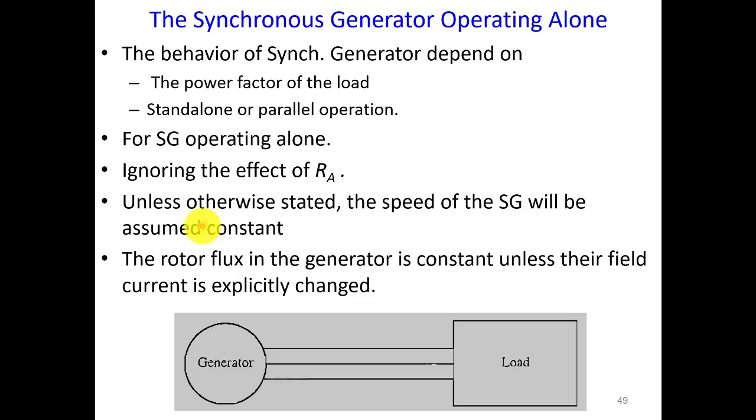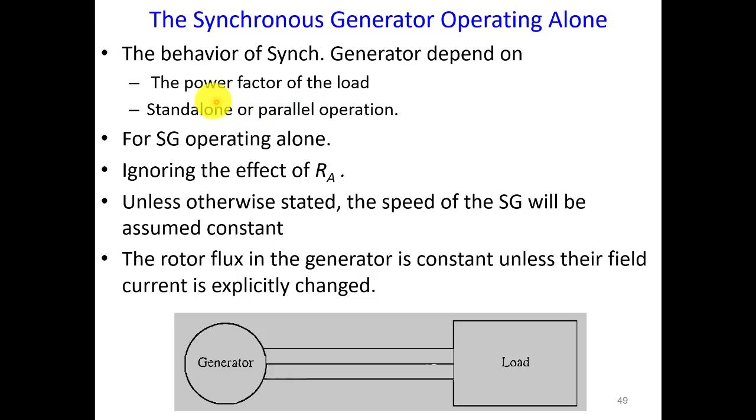Now let's look at how these generators operate, while they are working in standalone operation, or working in parallel if you have multiple generators. First we will look at the behavior of a synchronous generator operating alone, in standalone condition, where there is only one generator and all the load is connected to it.